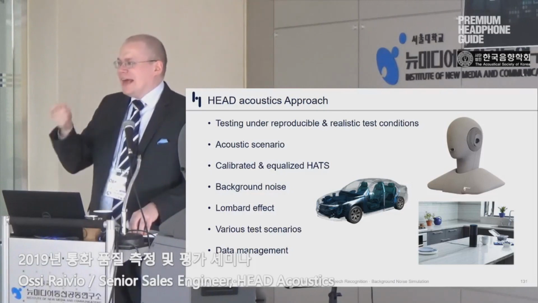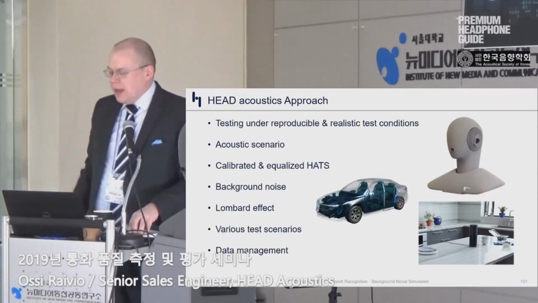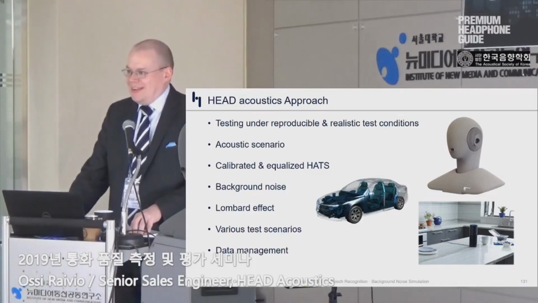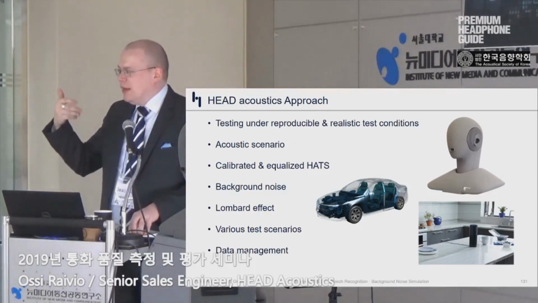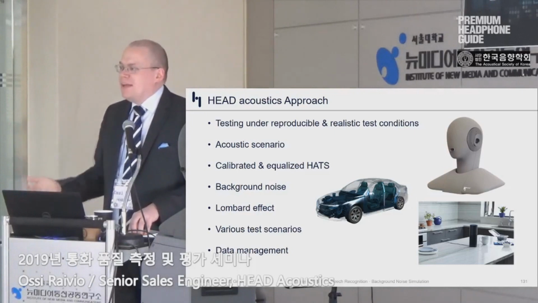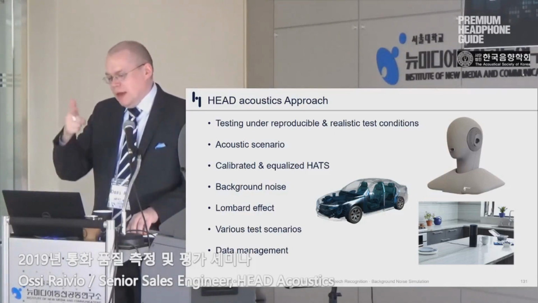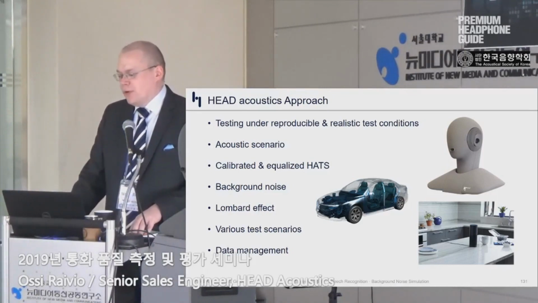And all this can have an effect on the speech quality, on the speech recognition testing. So this is why, especially in car scenarios, it's important that you create so-called Lombard recordings so that you can select the closest speech to the actual background noise level.